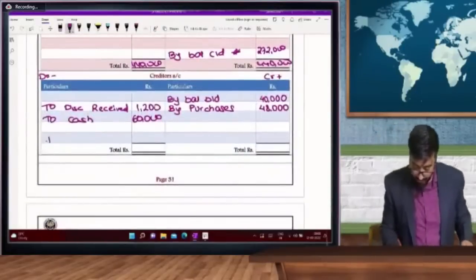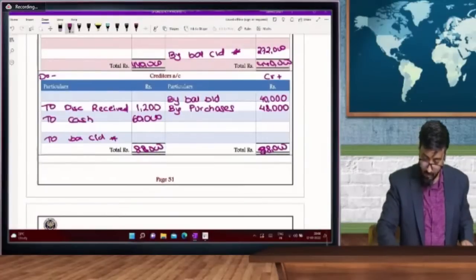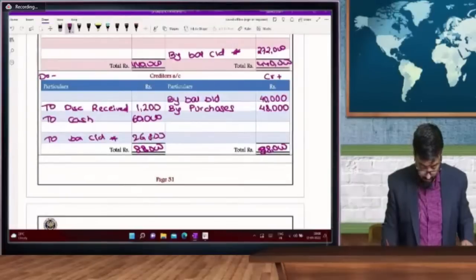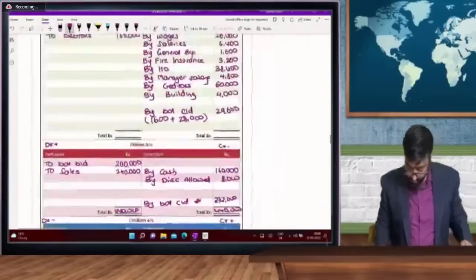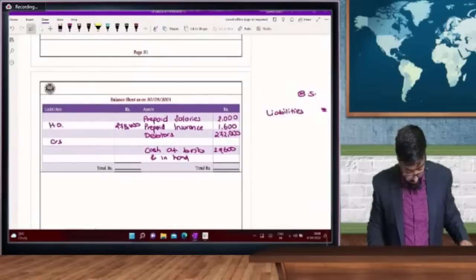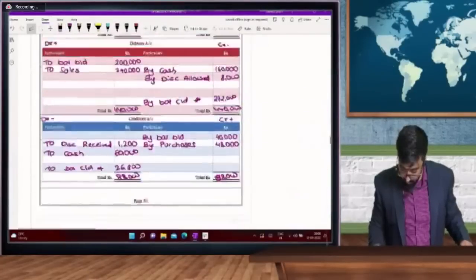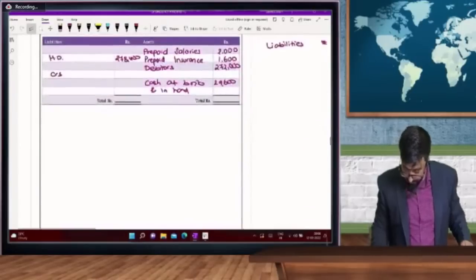And creditors to balance carried down 88,000. $26,800. Debtors 2 lakh 26,800.